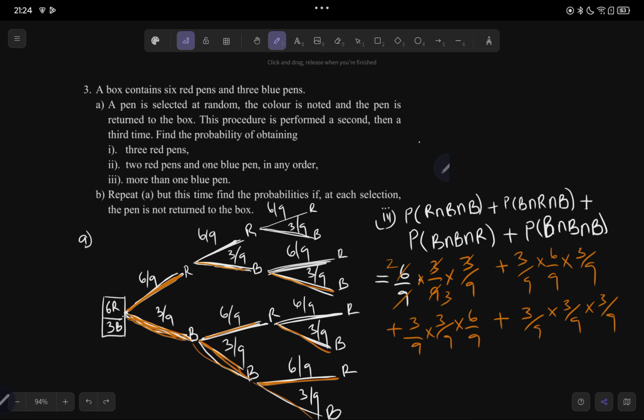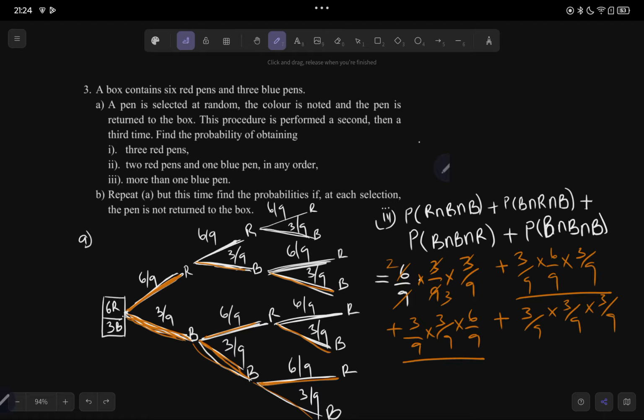So here we basically have 2 out of 27. 2 out of 27 is the same as here, is the same as there.